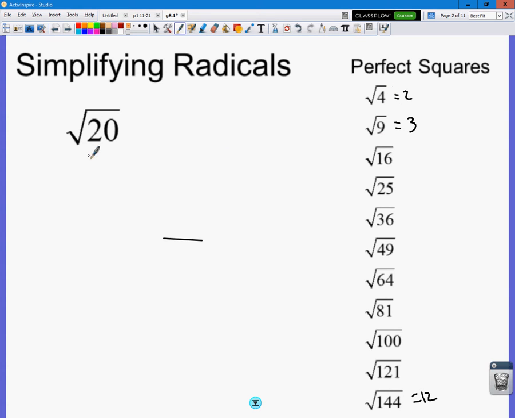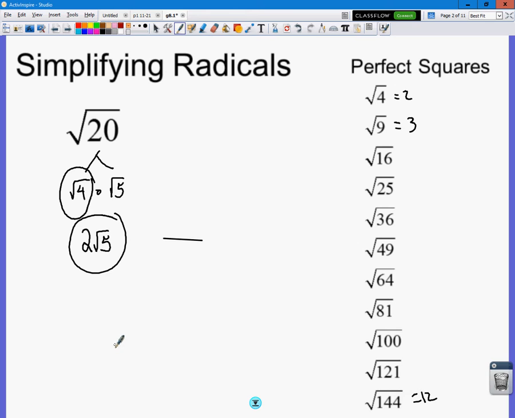Does 4 go into 20 evenly? Yes. This would actually look like this. The square root of 4 times the square root of 5 does equal the square root of 20. But what is the square root of 4? So we could write this as 2 square roots of 5. And that would be its simplest form.